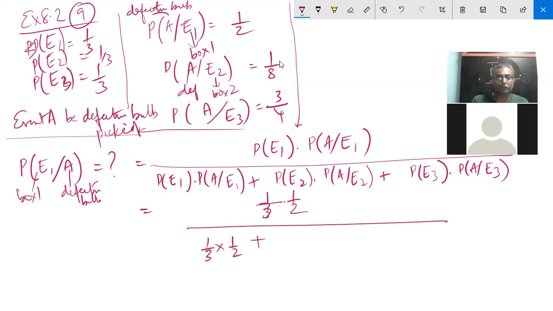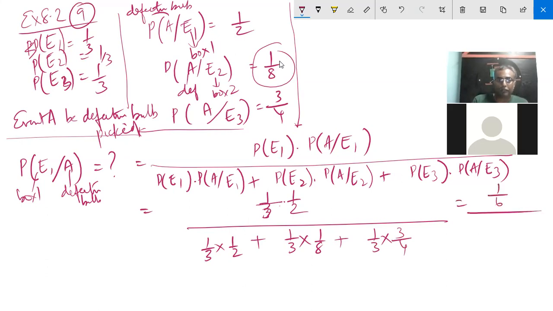Now P of E2, 1/3, P of A by E2, 1/8. P of E3, 1/3, P of A by E3, 3/4. Very good. So that is equal to 1/6 divided by, 3 and 3 will go, 1/6 plus 1/24 plus 1/4. So take 24 as a denominator, multiply this by 4. So 4/24 in the numerator.